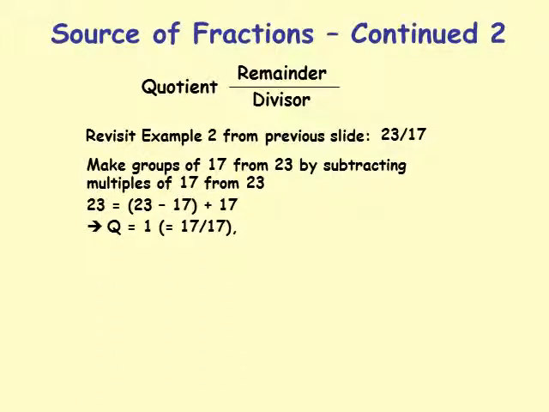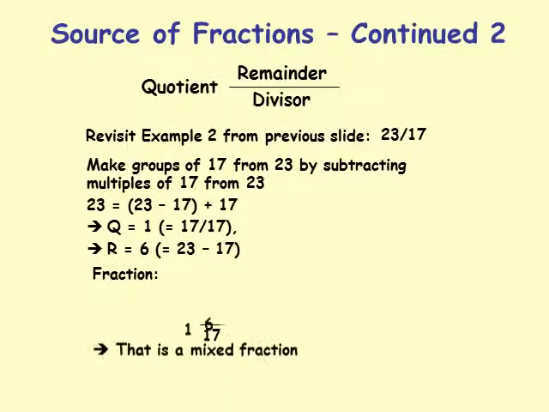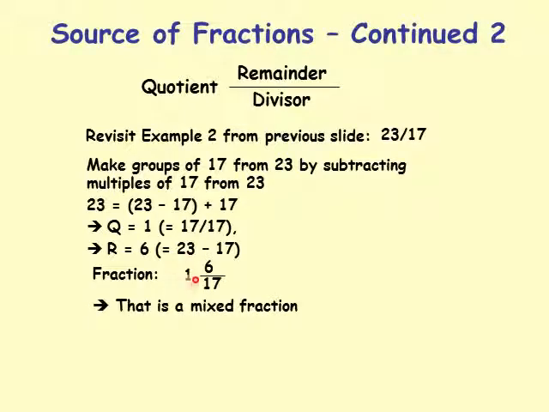That means the quotient is only one group of 17. We don't need 17, we need a group of 17. So it's one group. That's the quotient. The remainder is 6, equal to 23 minus 17. That means my fraction has quotient 1, remainder 6, and divisor 17.